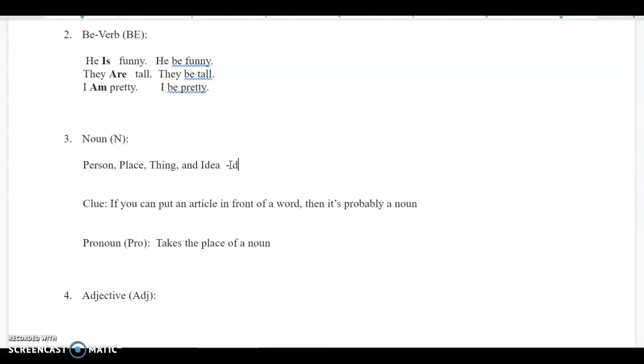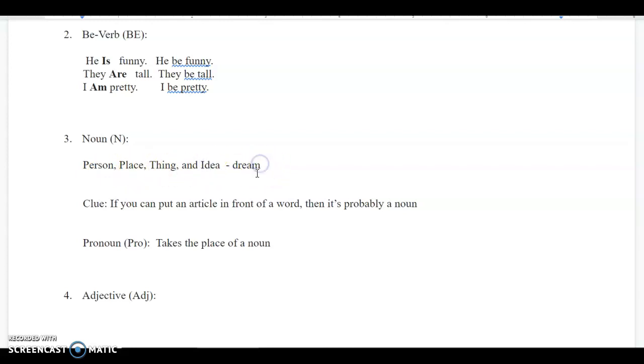So for example, let's write the word dream. Okay. It's another noun that's an idea. Right, because it's not a person, it's not a place, you can't really go to it. Okay? It's not a thing, you can't put it in the palm of your hand, but it's still a noun, so it's in the category of idea. So remember, some nouns are not a person, not a place, not a thing, but a fourth category called idea.